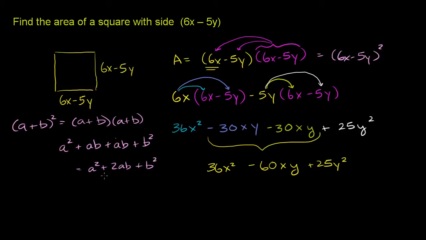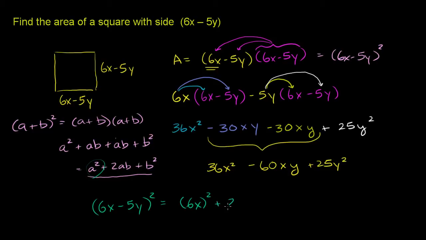This is kind of the fast way to look. If you're squaring any binomial, a plus b squared will be a squared plus 2ab plus b squared. And if you knew this ahead of time, then you could have just applied that to this squaring of the binomial right up here. So let's do it that way as well. So if we have 6x minus 5y squared, this is going to be a squared, which in this case is 6x squared, plus 2ab.